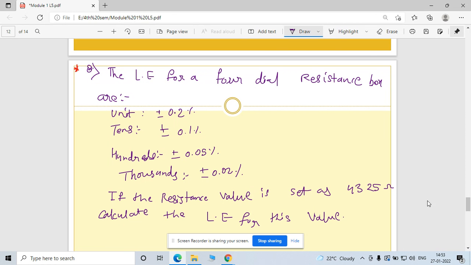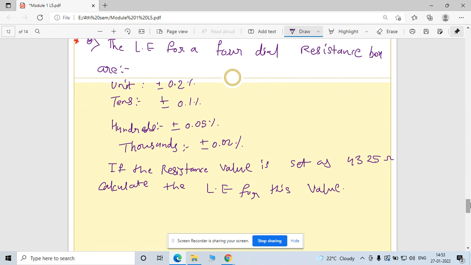Then tell me how to solve it. So these probable errors are given to you, and what you get at your output is this 4325 ohm. इतना आउटपुट आपको मिल रहा है.